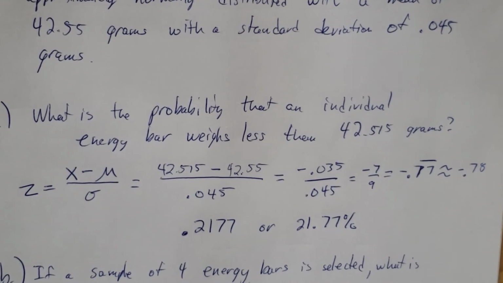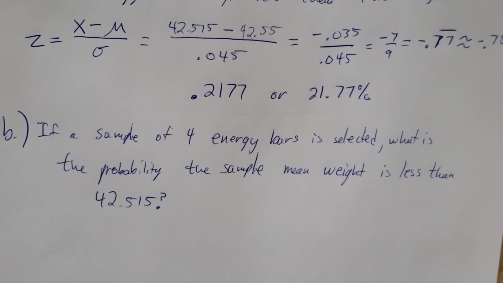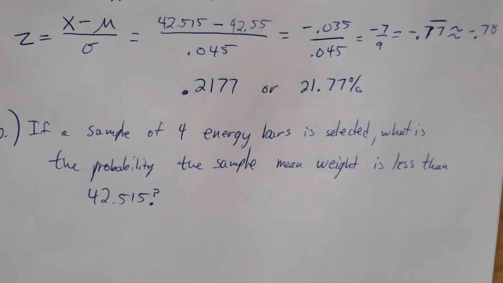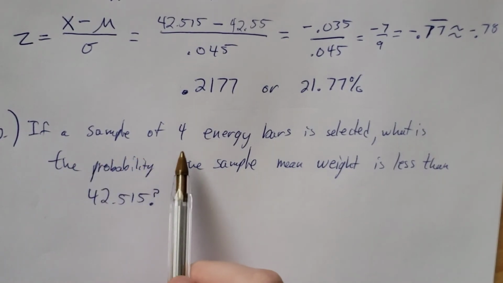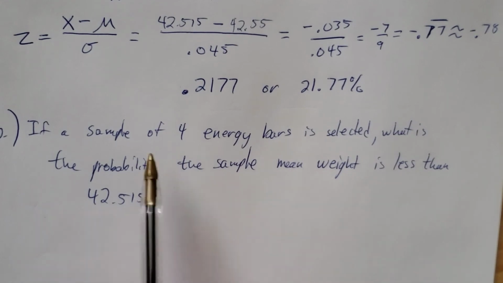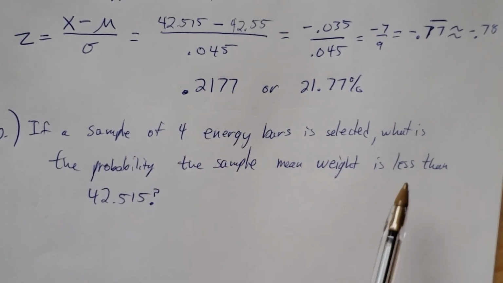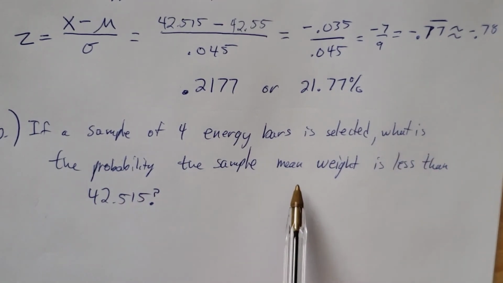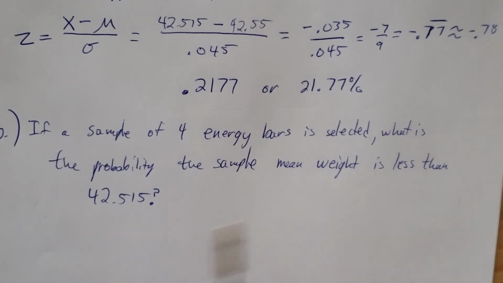We have a related formula when we're talking about sample means, but now let's do a question with that. So part B says, if we choose a sample of 4 energy bars, so we don't have a single bar anymore, and we want to know what is the probability that the sample mean, the average weight of those 4 energy bars, is less than 42.515.